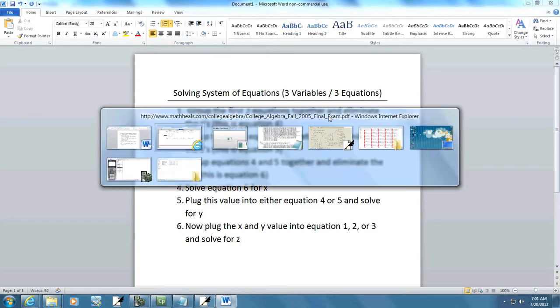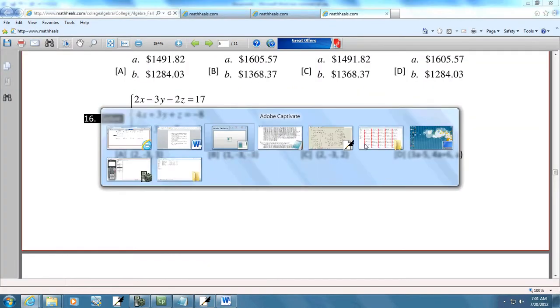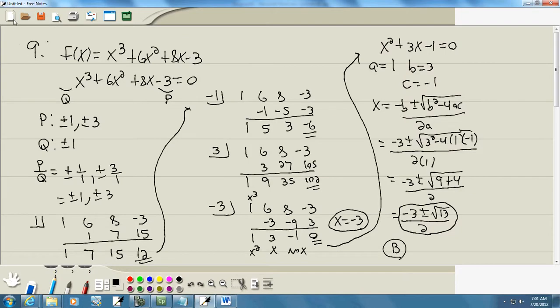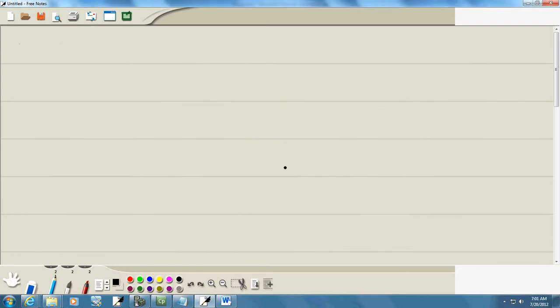There we go. So let's take a look at this problem. Number 16.